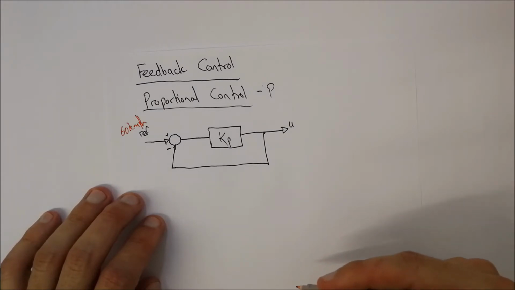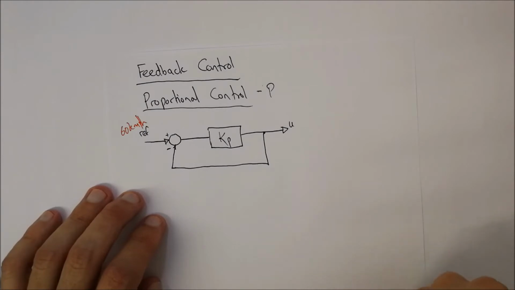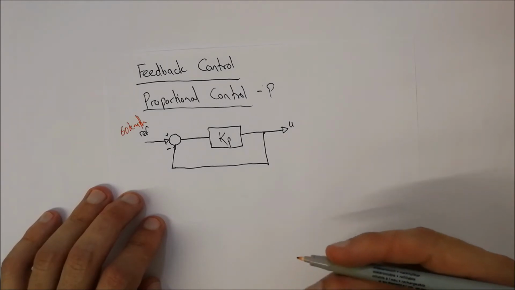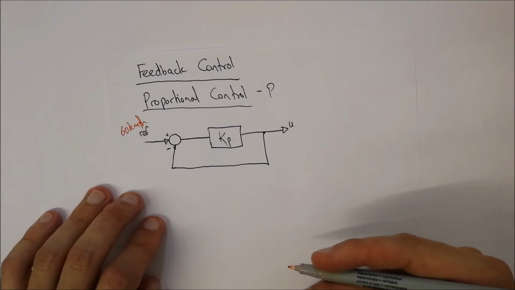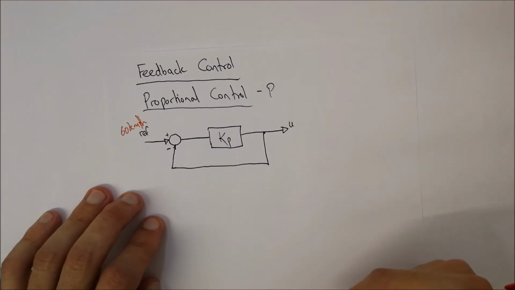You might be going up a hill, and suddenly you need to have more fuel going to the engine, so therefore you can't have a constant voltage going out if it was an electric vehicle, or a constant amount of fuel going to the engine. So you need to then increase the amount of fuel or the amount of voltage going to the engine.